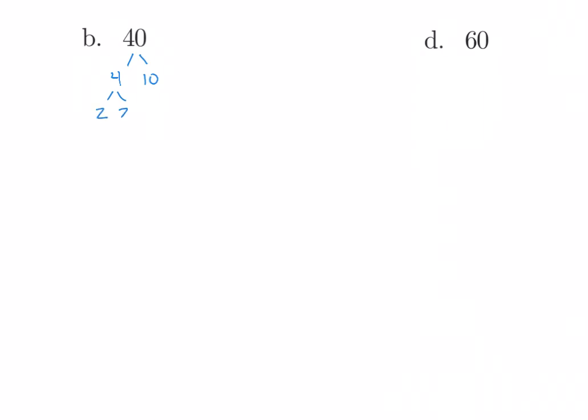This is 2 times 2. 10 is not prime. This is 2 times 5. And now all of these numbers are prime. So we get 40 is equal to 2 times 2 times 2 times 5, or 2 cubed times 5.